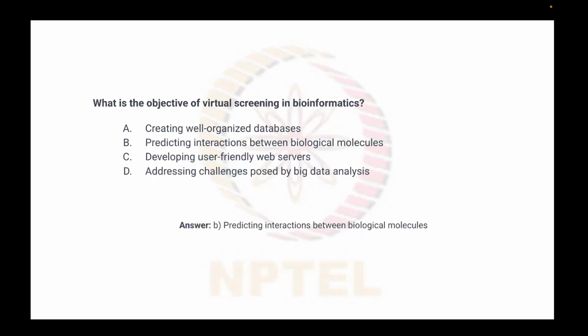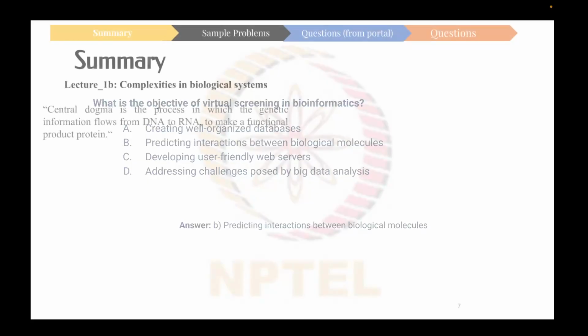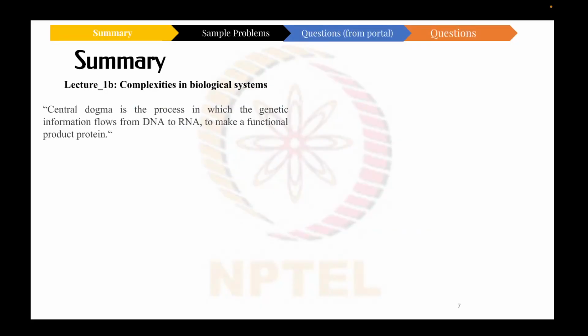Next is complexities in biological systems. The central dogma is a process in which genetic information flows from DNA to RNA to make the final functional product, protein. Can anyone tell me what the steps in the central dogma are?